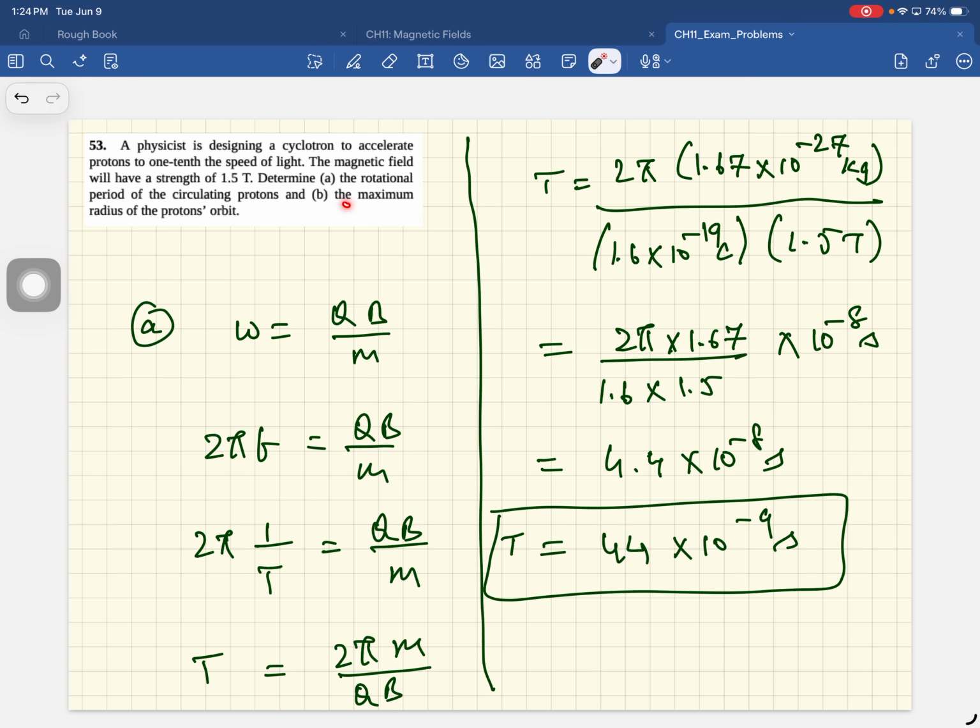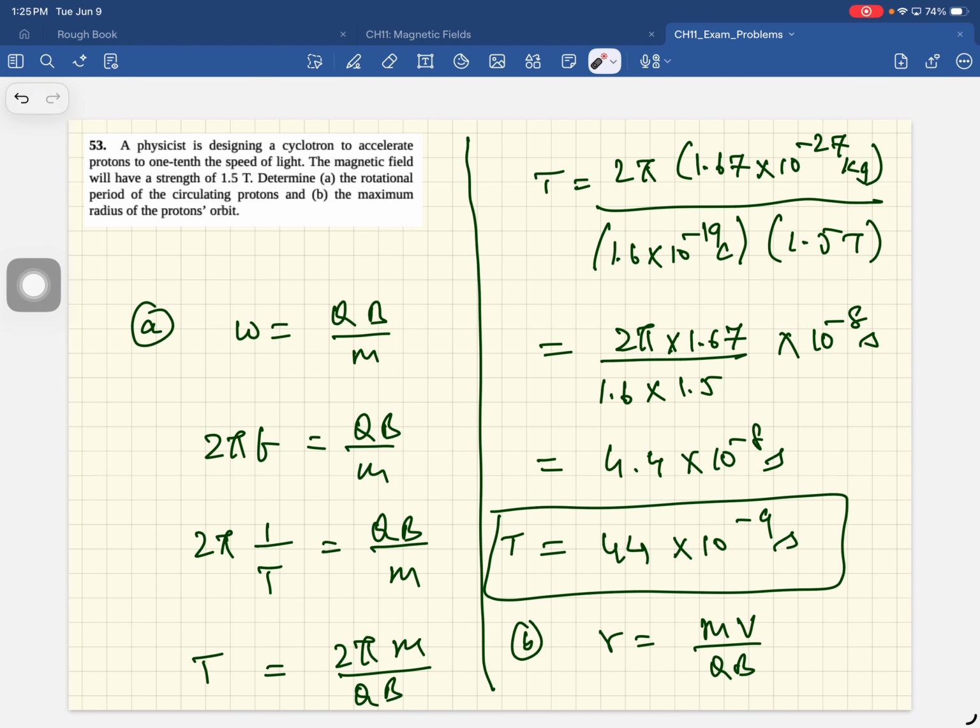All right, so the relative abundance of these oxygen isotopes is related to the climatic temperature at the time the ice was deposited. The ratio of the mass of the two ions is 16 to 18. The mass of oxygen 16 is that much, and they're singly charged and travel at 5 times 10 to the 6 meters per second in a 1.2 Tesla magnetic field.